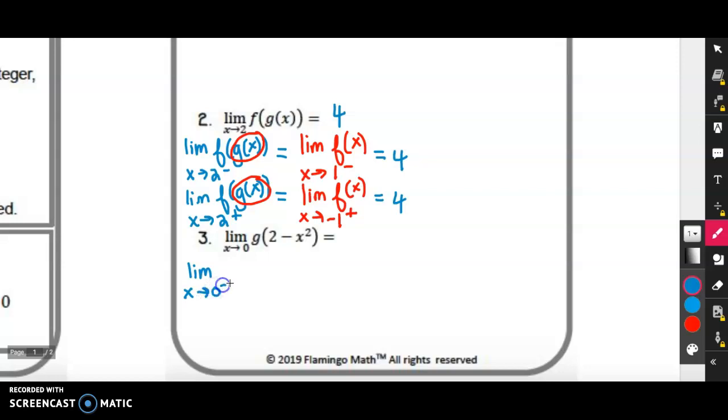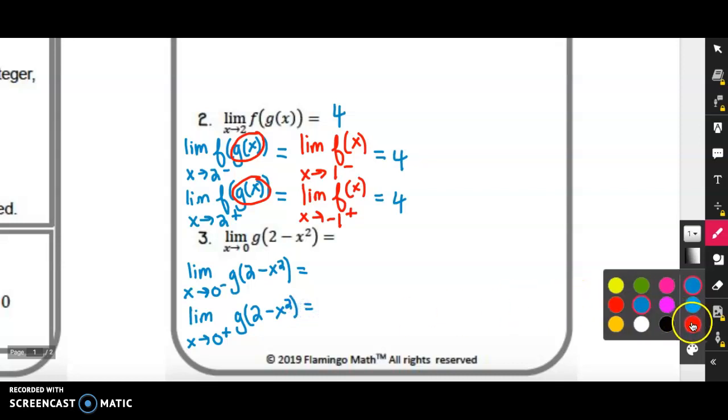So from the left-hand side of g of 2 minus x squared, and from the right-hand side, okay, for this guy, we don't actually have a graph to look at for 2 minus x squared.